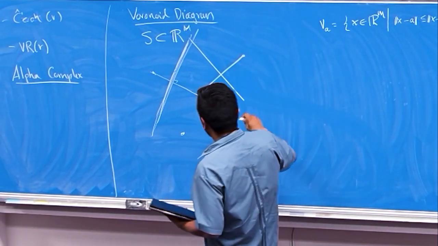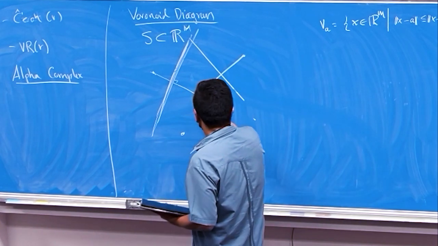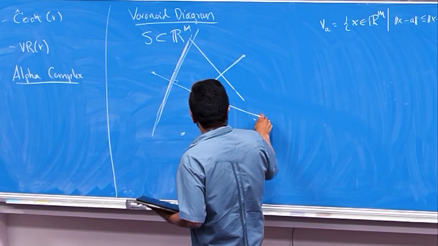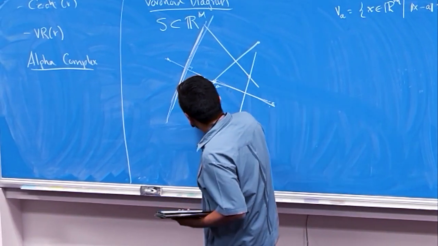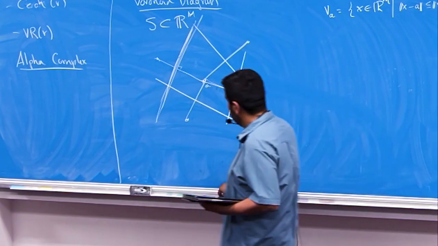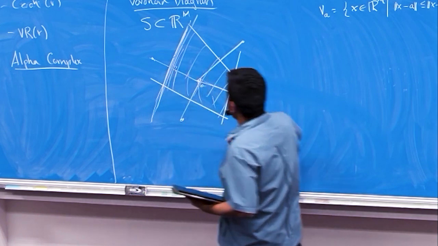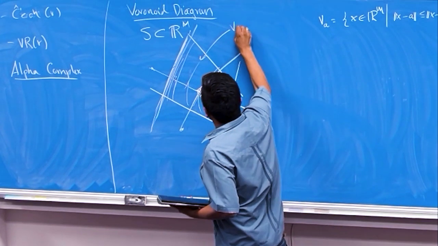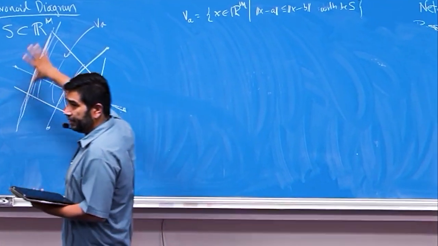And you can do the same with all the other points. If you take this line and its perpendicular bisector, and this line and its perpendicular bisector, you get a region. This region is what we call V sub A. So this region is the points that are closer to A than the rest of the points.